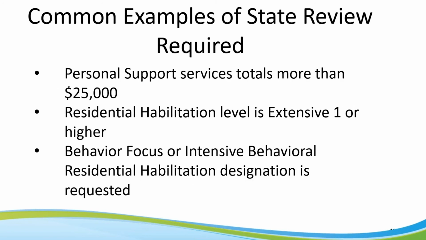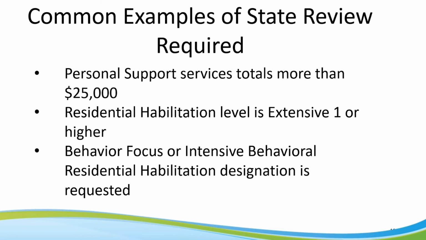We have some common examples of what requires state review. You all may have already picked up on the patterns, but I just wanted to reiterate. Personal support services that total $25,000 or more are always going to require a state review.